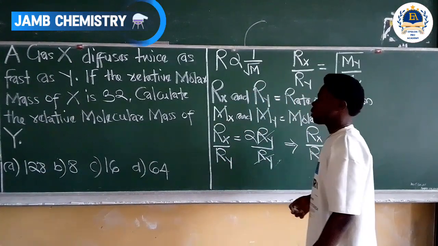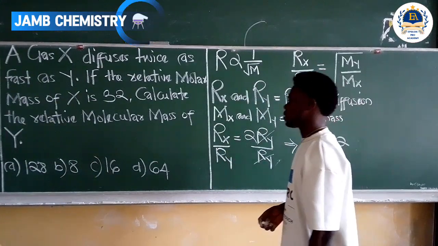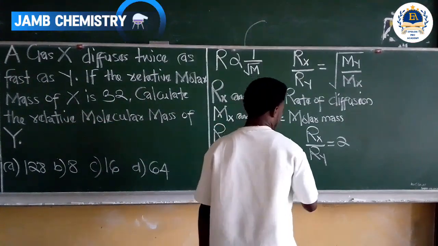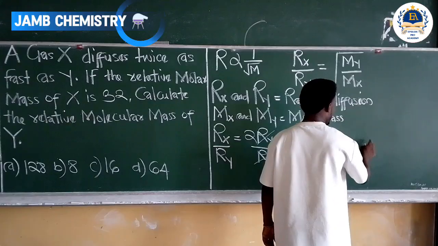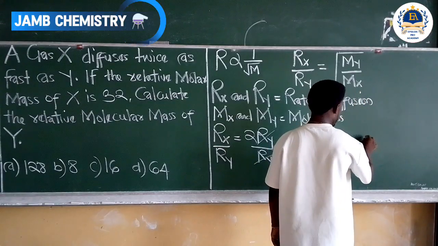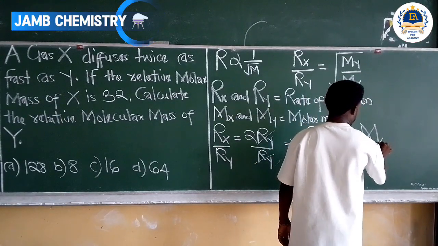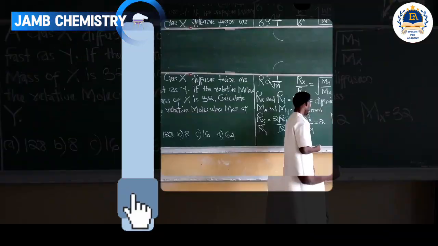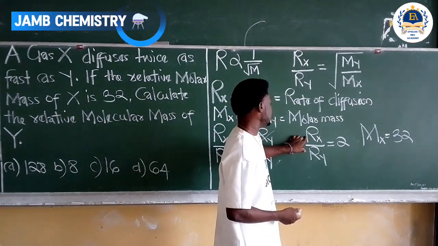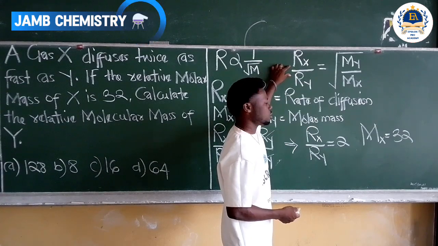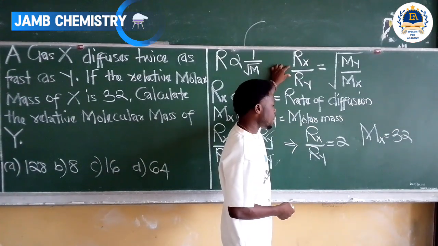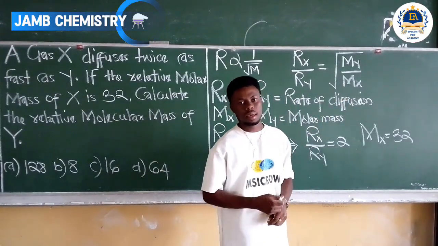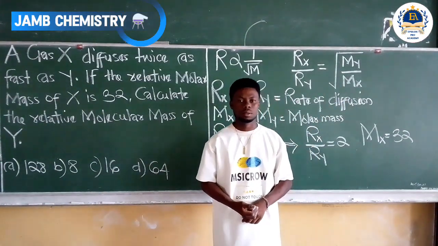From the question, the molar mass of X is 32. The molar mass of X, that is Mx, is equal to 32. And again, Mx is known, so we are going to determine My.